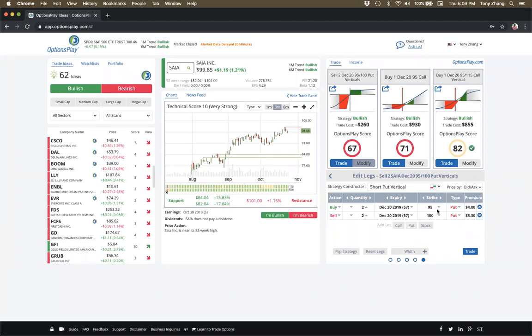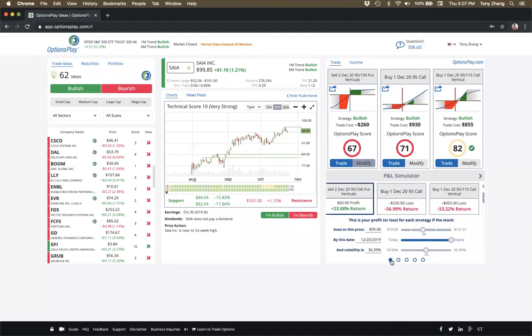But there are not a lot of choices here. These strikes are really far apart. So some of these smaller cap names, I wouldn't necessarily trade this because the strikes are too close to each other. But if you were able to find one on some of the weekly options, which I don't think are listed on this particular stock, I think you get the point of how to compare whether you should sell that credit spread or you want to buy that debit spread.